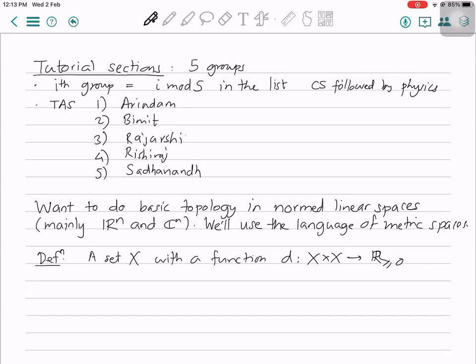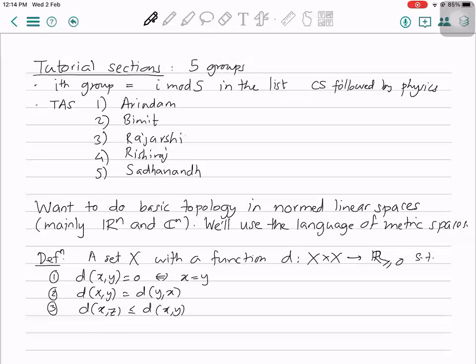So, all right, the function such that: first is d of x comma y equal to 0 if and only if x is equal to y. Then we have the symmetry property. And then we have the triangle inequality. So d of x,z is less than or equal to d of x,y plus d of y,z.